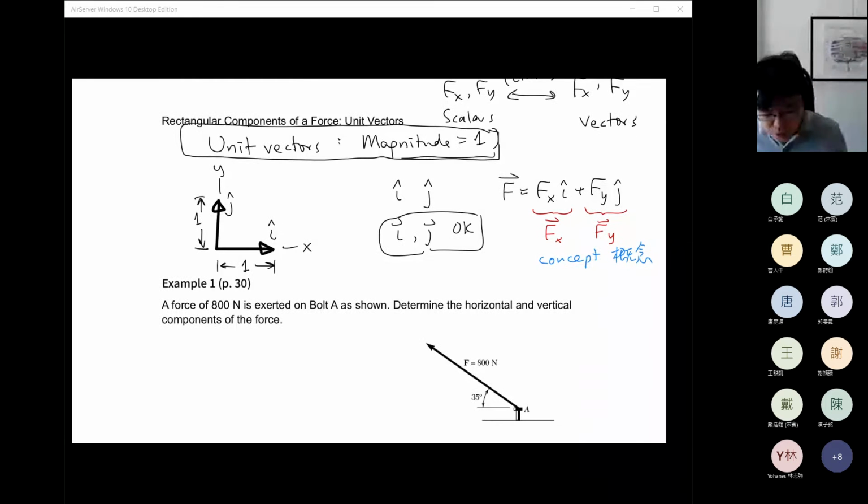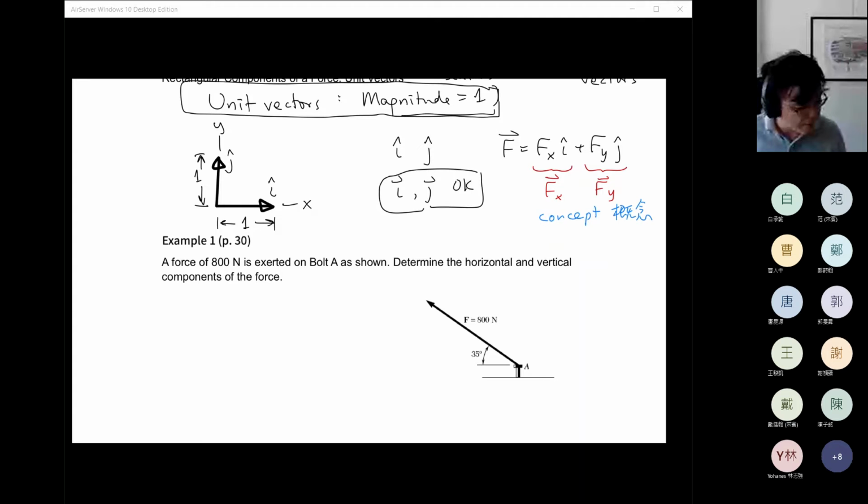Okay, we come to an example. A force of 800 newtons is exerted on bolt A as shown. I think we covered these words, right? Exerted on bolt. Determine the horizontal and vertical components of the force.